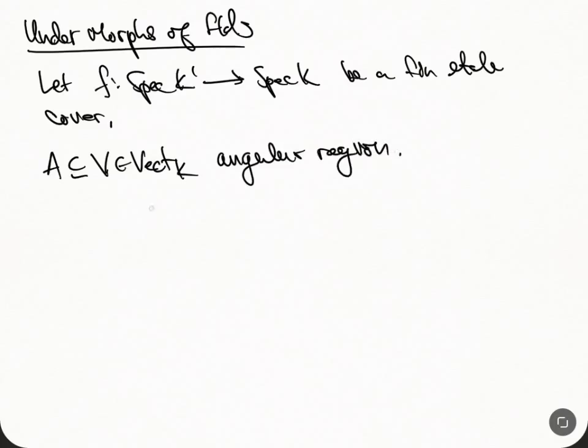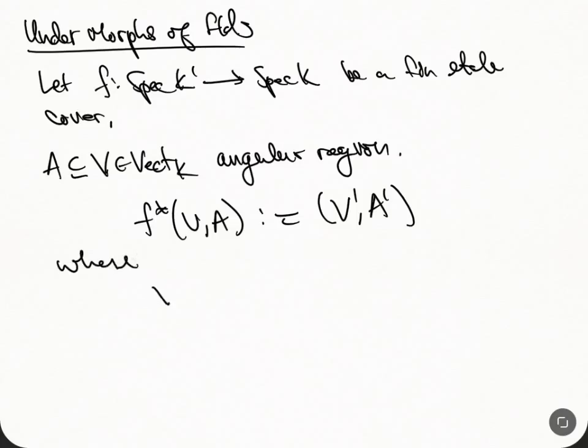And what we'll define is the pullback of the pair VA. This is going to be defined to be some V prime and A prime, a vector space and an angular region, where V prime is just the pullback of V. We just base change.